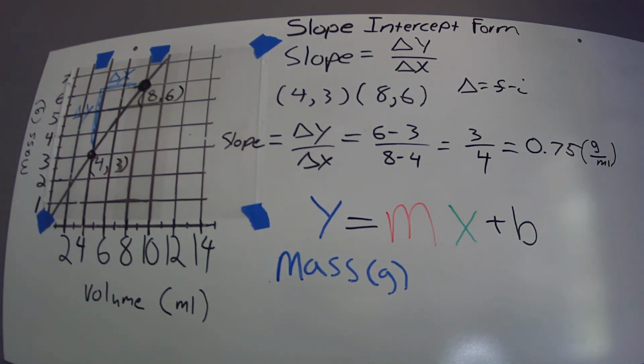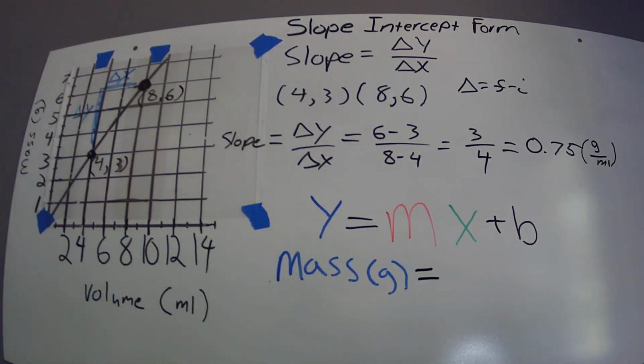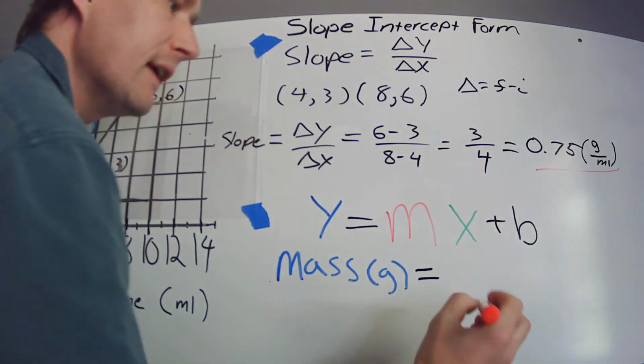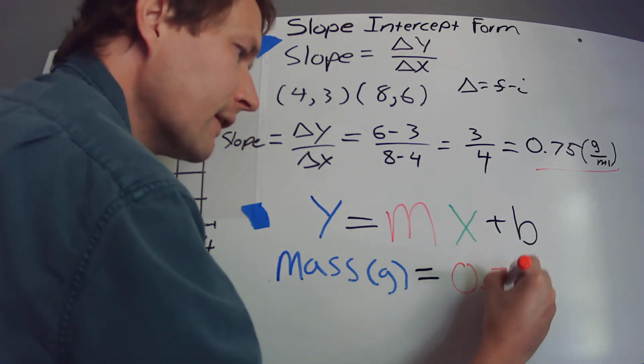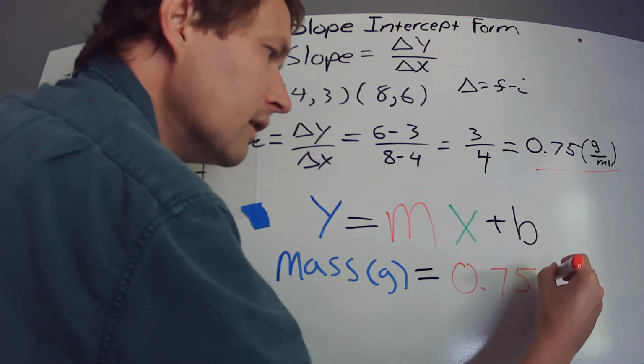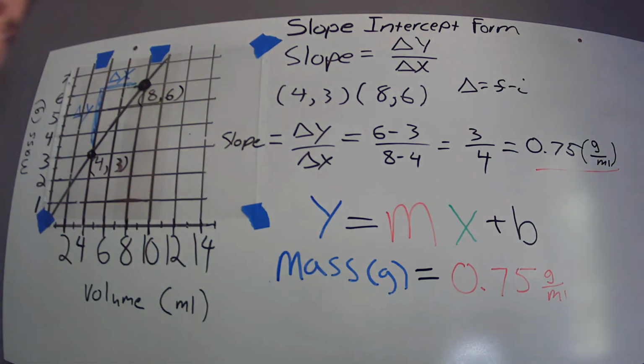So, equals. The difference between this and math class is I'm going to say what the y-axis really is in my equation as well. Y equals m, and what is m? M is the slope that we just calculated. M is right here, so it's actually a value: 0.75 grams per milliliter.